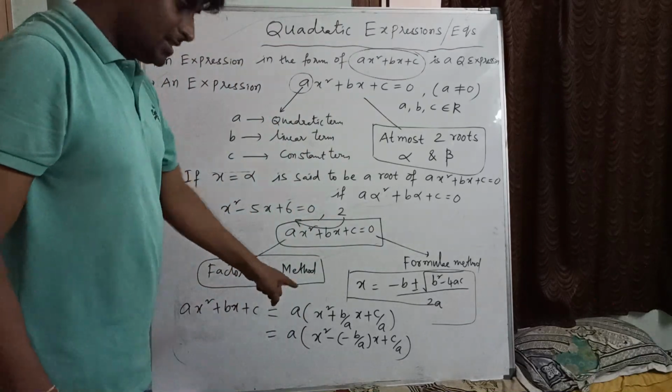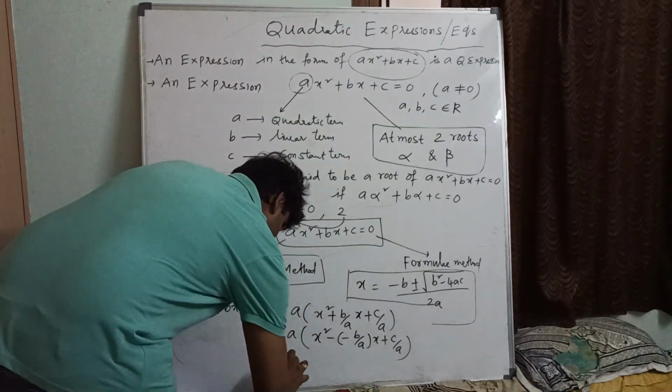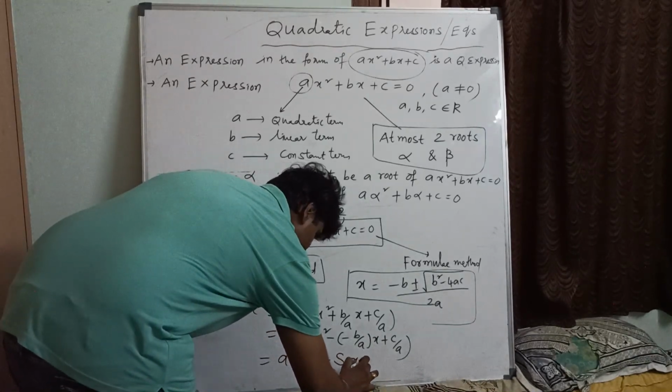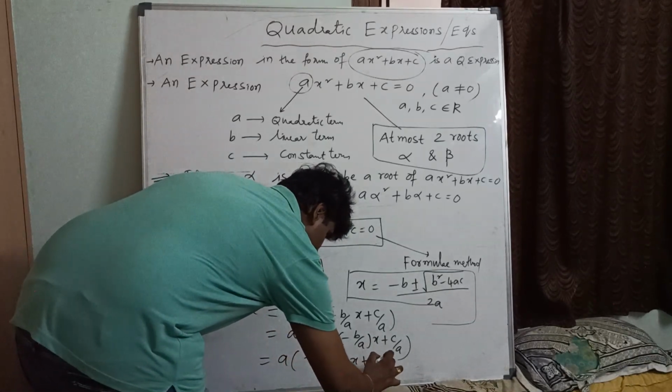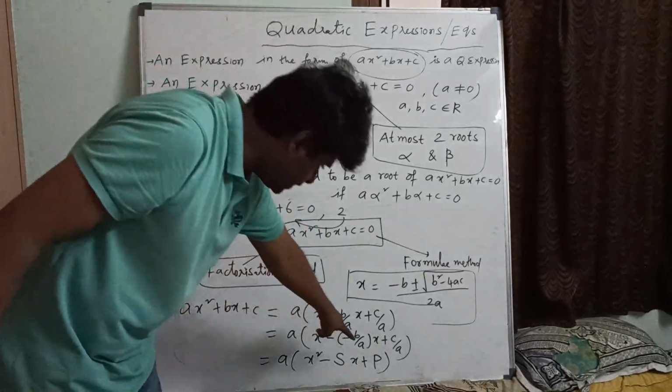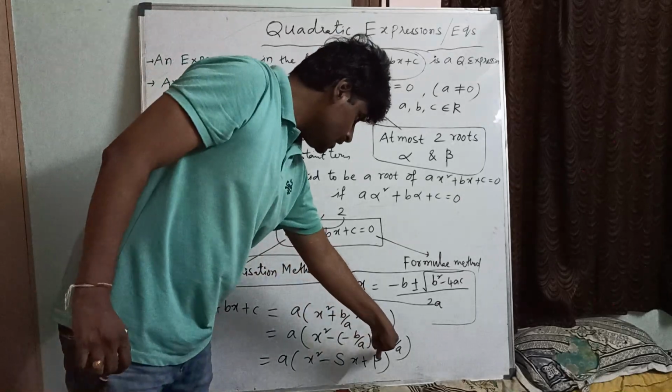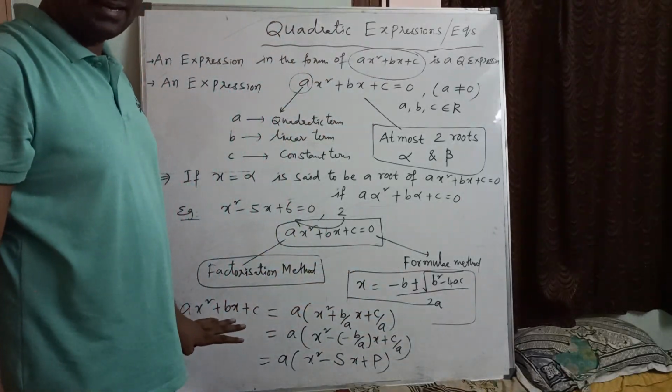That means this can also be written as a into x square minus sum of roots into x plus product equal to 0. What is this? Sum of roots, minus b by a. And what is this? Product of roots, c by a. Correct?